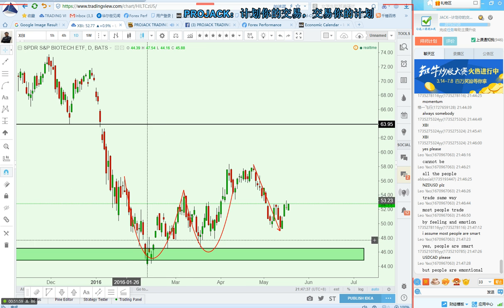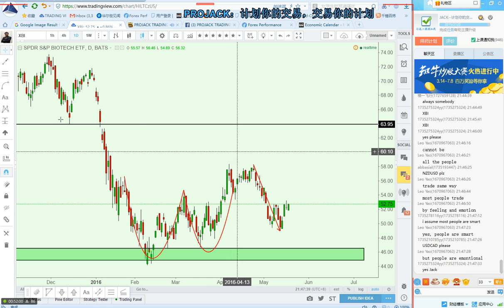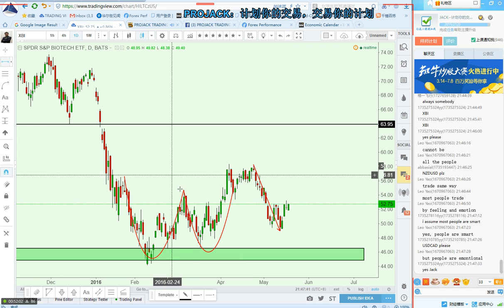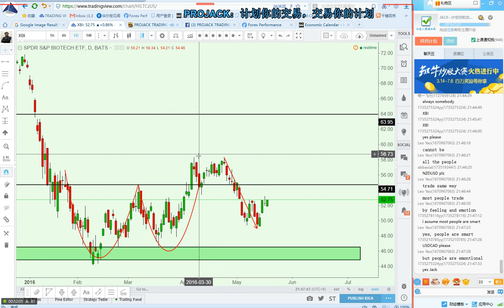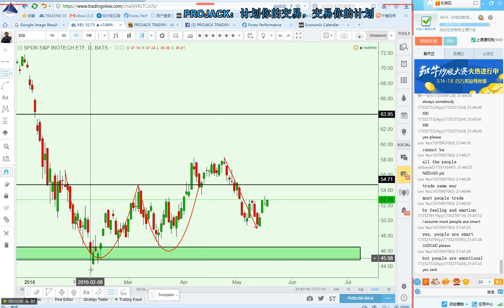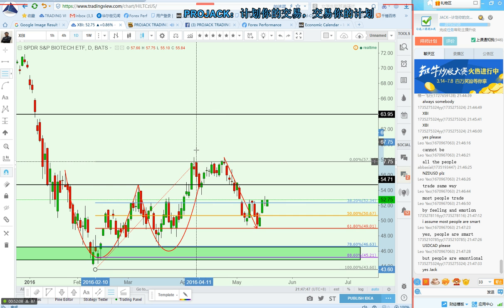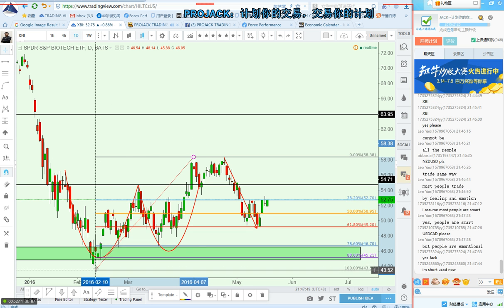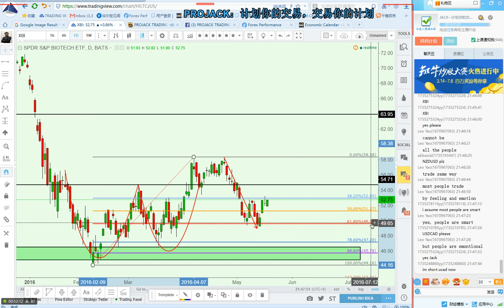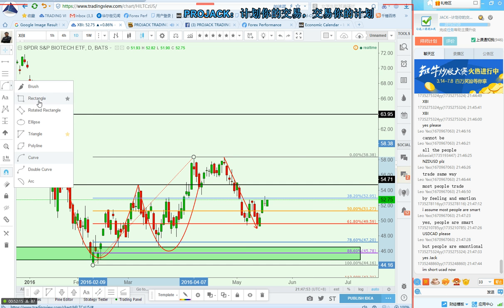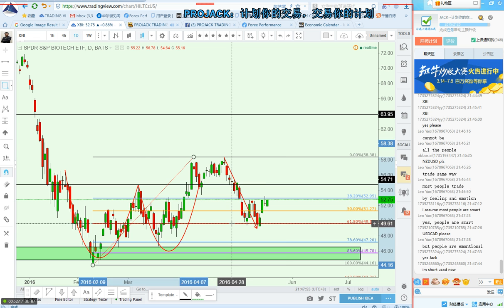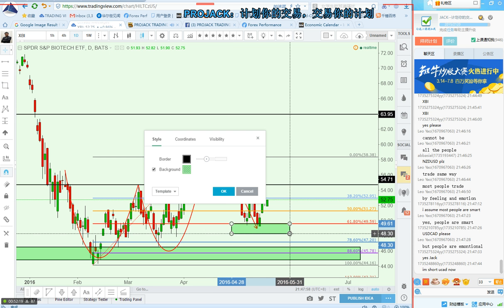The double bottom breaks up through the neckline here, and you want to buy at the retracement. You buy at the pullback. Buy here. So 49.59 is the best spot you can buy. Do you see that? Price makes a double bottom.